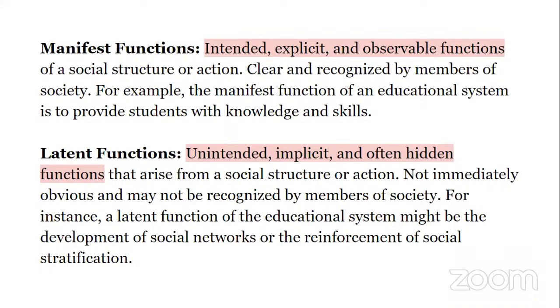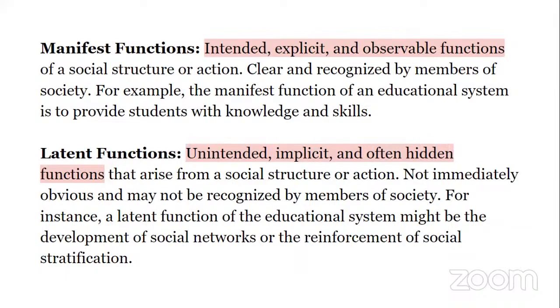Manifest functions are the intended, explicit, and observable functions of a social structure or action. They are very clear and recognized by the members of the society. For example, the manifest function of a school is to provide knowledge and skills to the students. That is the very intended and visible function of a school.